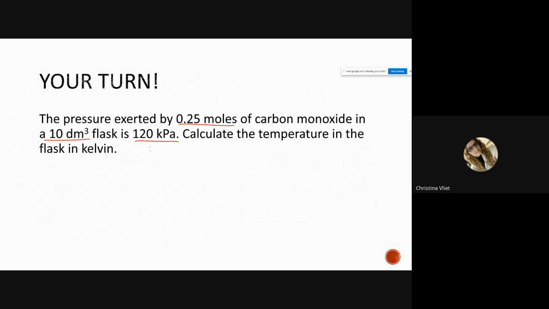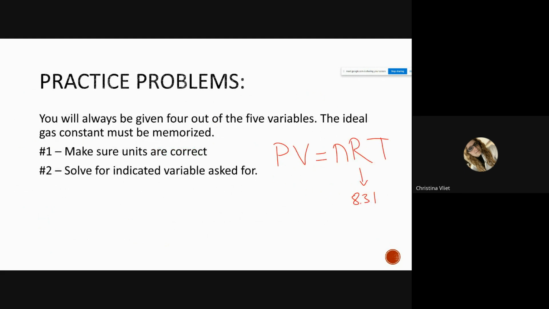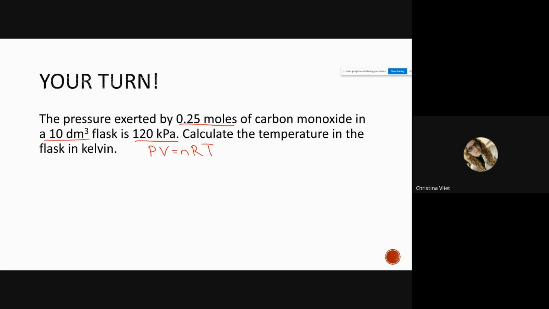So I know my formula is this. Before you start plugging in numbers, what should you do? Convert. Make sure all your units are correct. If any of your units are wrong and you plug them into the formula, just assume your answer is also wrong. So let's check all of our units. What does pressure have to be in?